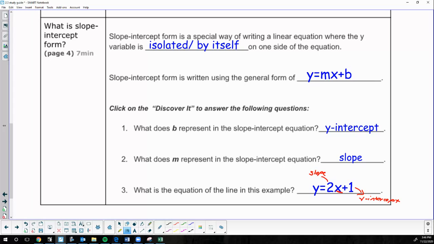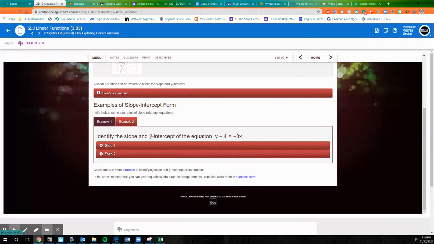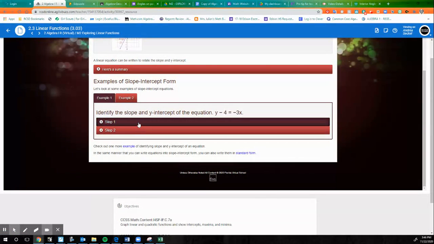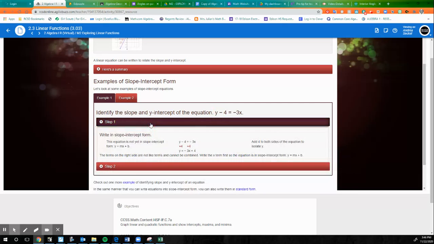And then the bottom part of page 4 that you have are 2 examples for you to try. So there's a spot in your study guide or just on a piece of paper. The first thing you want to do is write this on your piece of paper and see if you can get the y by itself. If you don't remember how, it will bring you through and give you the steps.